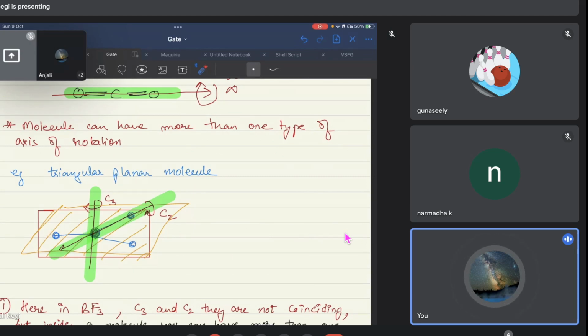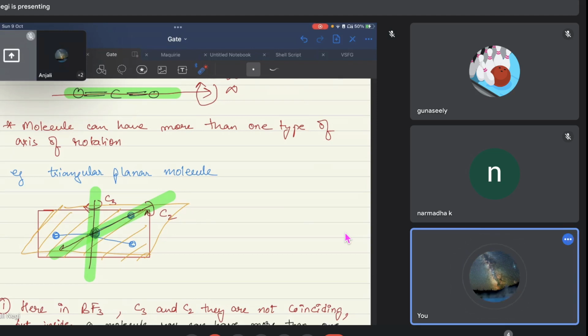We have 1, 2 and 3 fluorine atoms here and one atom placed in the center. This particular axis passing through the atom in the center is a C3 rotation. How? Because I am doing a rotation of about 120 degree, and I get an indistinguishable structure at each 120 degree rotation.